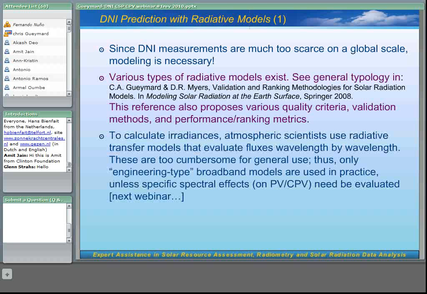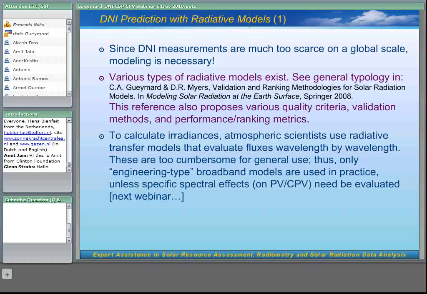So from a general standpoint, to calculate DNI or any irradiance anyway, atmospheric scientists use radiative transfer models. They evaluate the fluxes wavelength by wavelength. But obviously this is quite too cumbersome for general use in the engineering world.